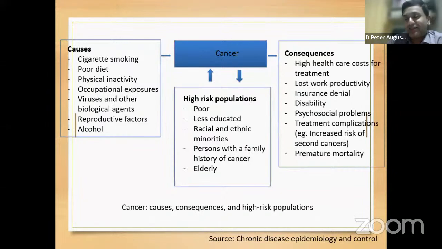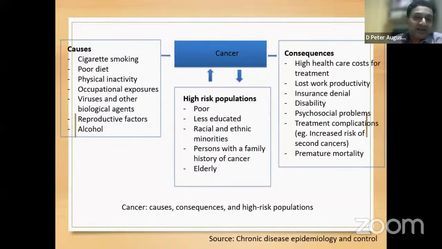I don't need to get into this very elaborately, but here they have given the general idea about the causes, right? Whatever the causes, we can control some, but we are not sure. So we can ask the question: if there is a woman going through some kind of cancer, she never came across even a cigarette, not even the smoke of a cigarette, but she has been diagnosed with cancer, right?